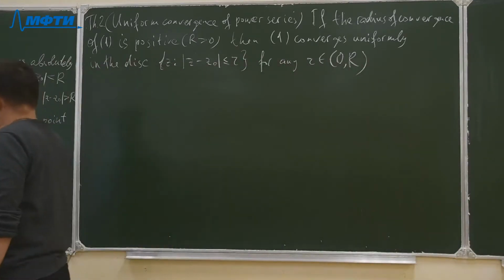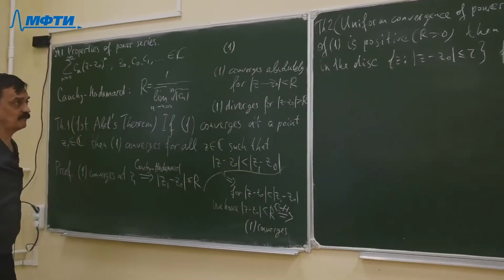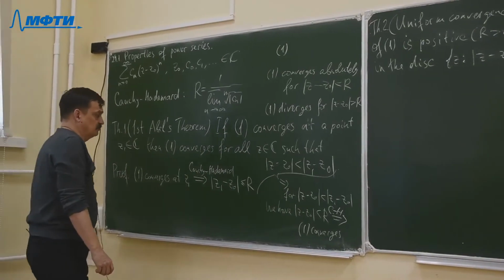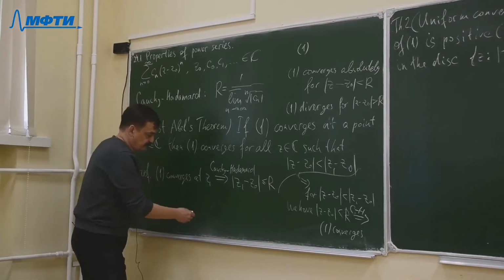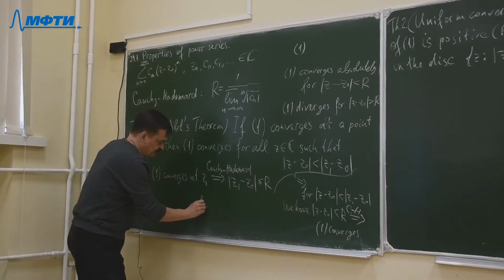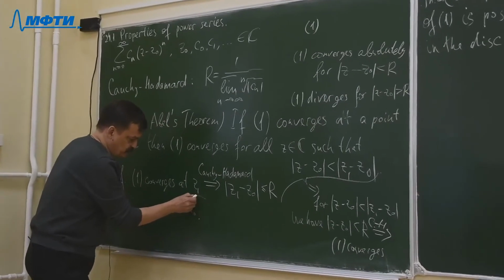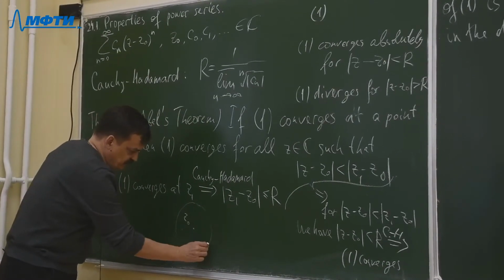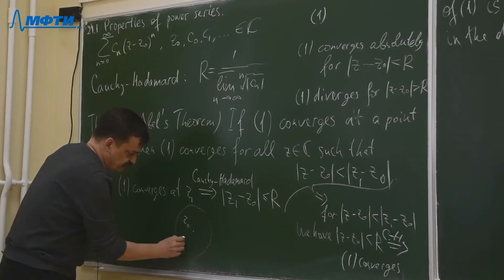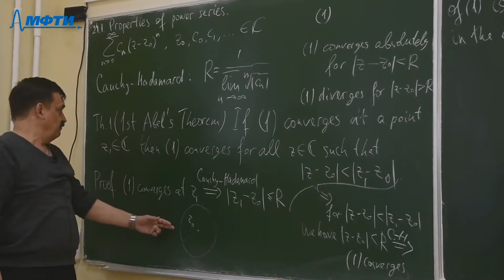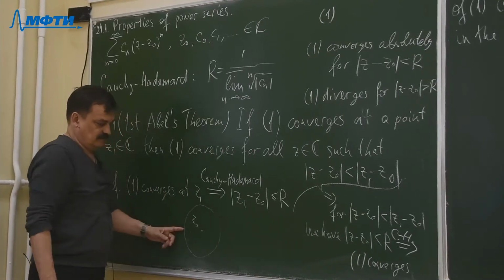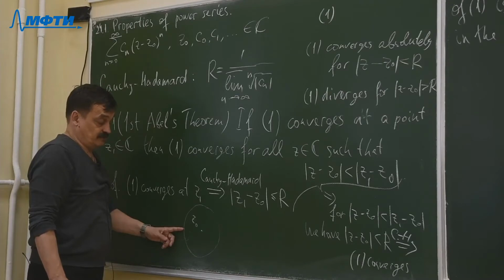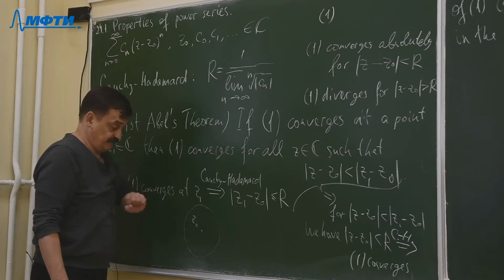So let me draw a picture to illustrate both theorems, in fact. So look, we have a center somewhere, and suppose we have a positive radius of convergence, right? So what do we know? First, Abel's theorem says that if at a point our series (1) converges, then it converges inside.